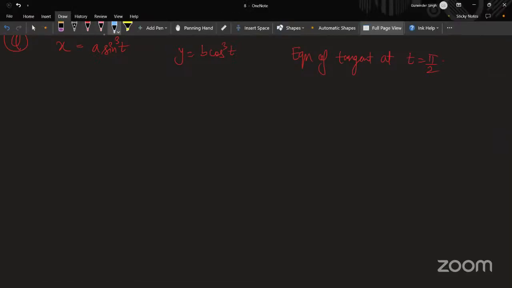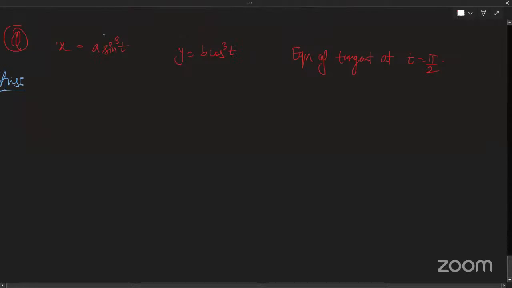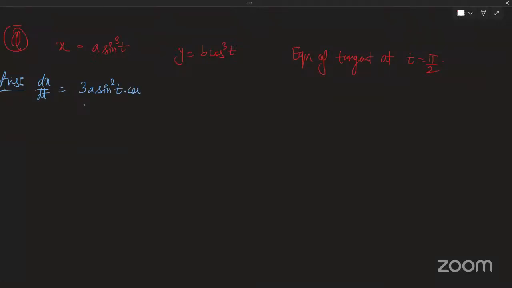Can you differentiate x with respect to t? Can you tell me what will be the derivative of a sine cube t with respect to t? It will be 3a sine square t into cos t. Now dy by dt?